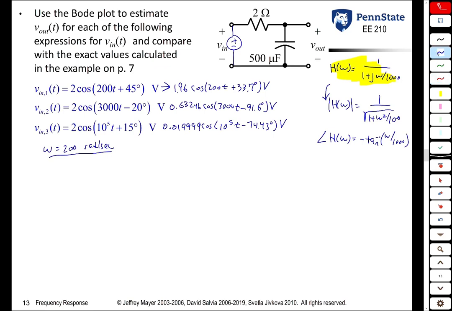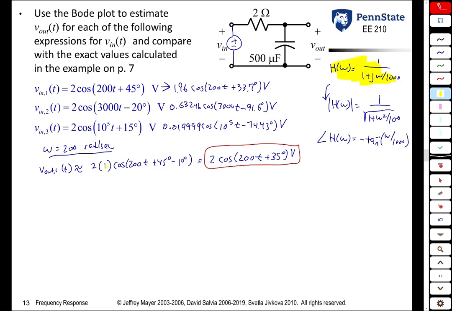So going back here, at a frequency of 200 radians per second, v_out1 of t is approximately what? It's approximately 2 times 1 times cosine of 200t plus 45 degrees minus 10 degrees, which is 2 cosine 200t plus 35 degrees volts.